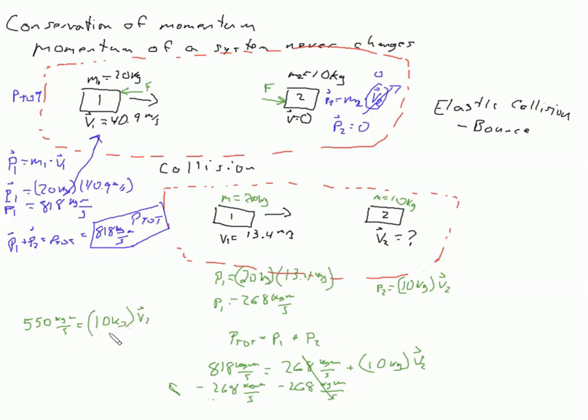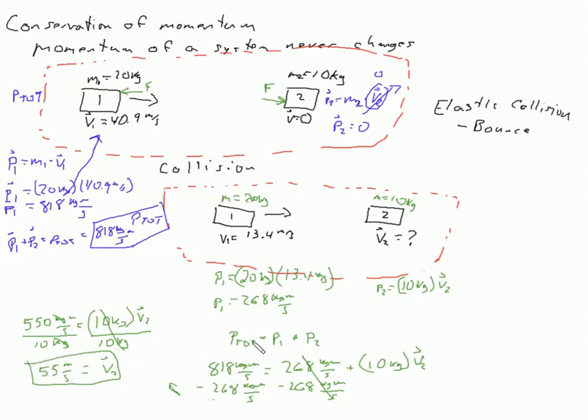So now I want to get V2, the velocity of box 2, by itself, so 10 kilograms, we're going to divide that out, and we'll do it to both sides. My kilograms will cancel out, and it gives me meters per second, so I get a velocity of box 2 of about 55 meters per second.